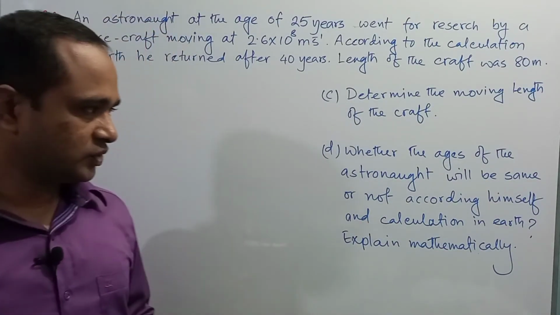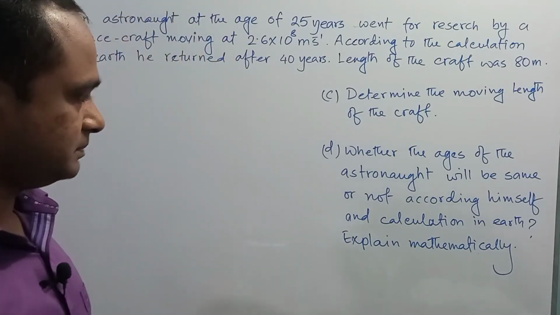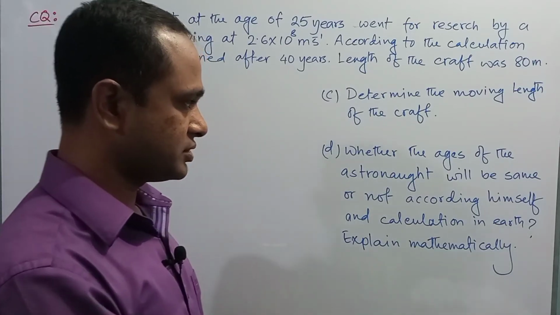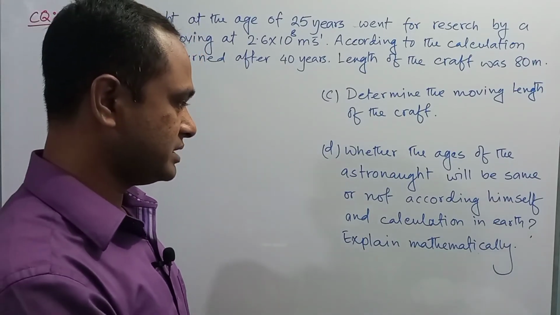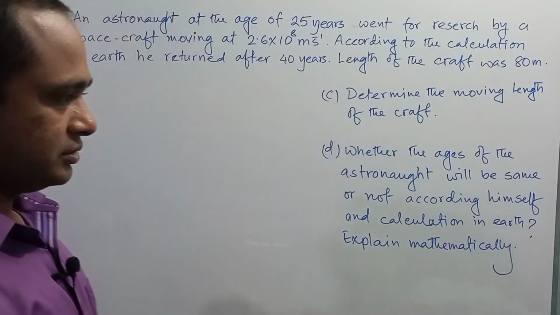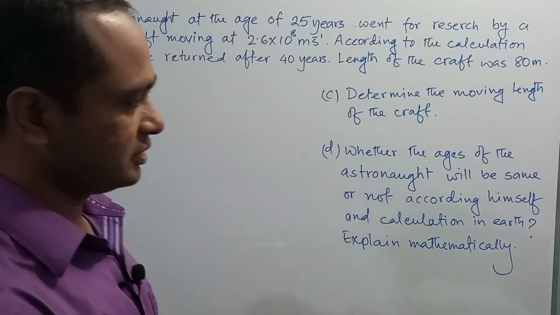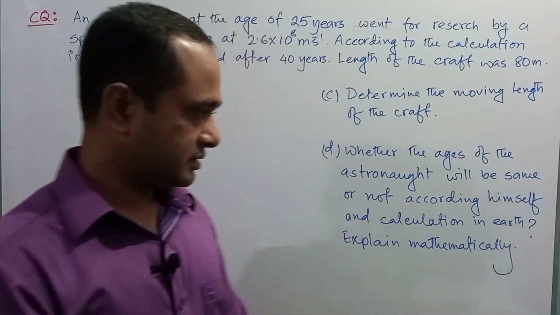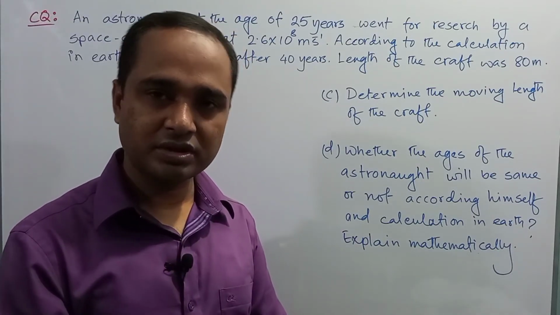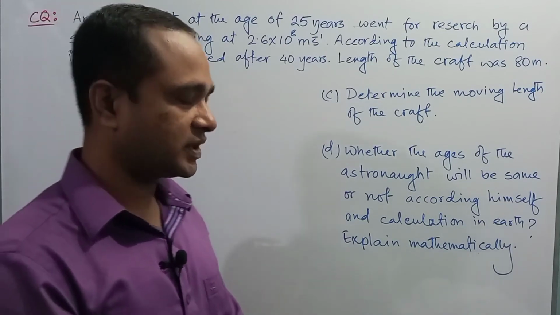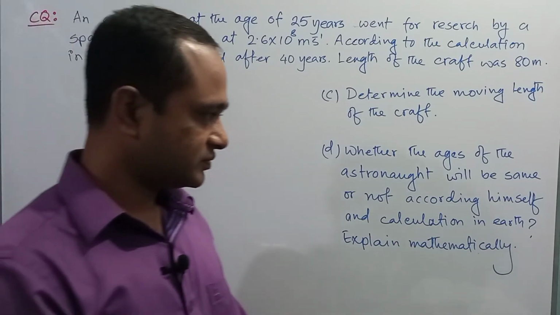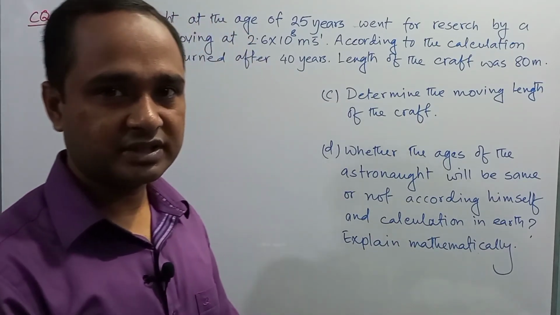Okay, now we are going to see the last question. According to question D, whether the ages of the astronaut will be the same or not according to himself and the calculation on Earth. You know, according to time dilation, the duration of traveling will be different according to the Earth calculation and according to the astronaut. So first we need to determine the travel time calculated by the astronaut.